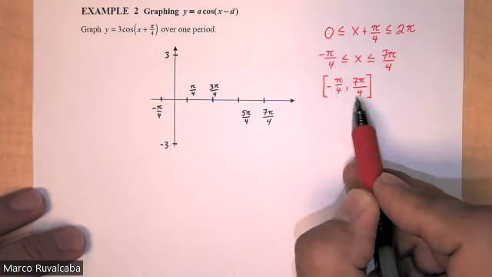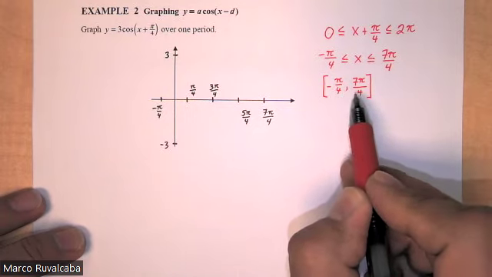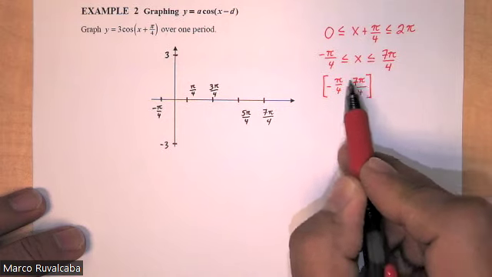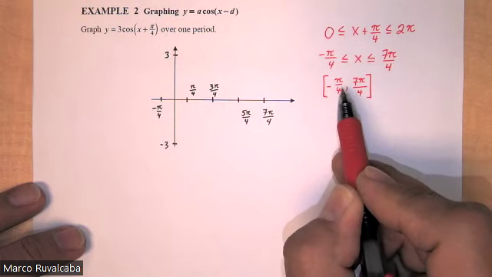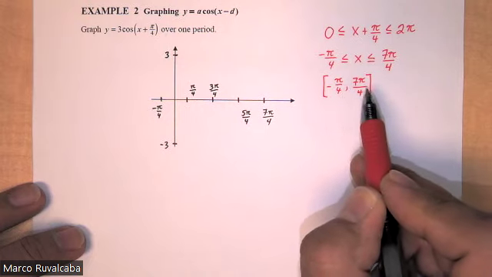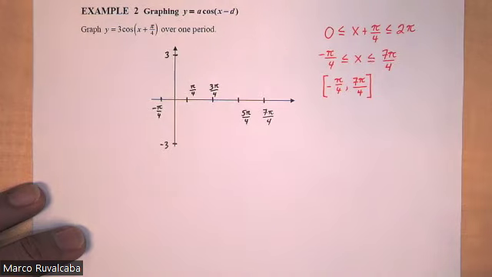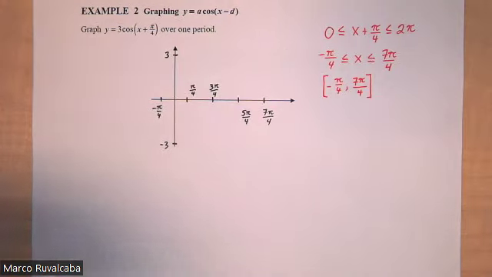Okay, so now we've got to find the 4 intervals for us to work. This comes out the same again because the length of this interval, if you subtract 7 pi fourths minus negative pi fourths, will be 8 pi fourths, and 8 pi fourths is 2 pi. So to break up 2 pi into 4 equal lengths of intervals, that means each interval will be pi halves long, okay?